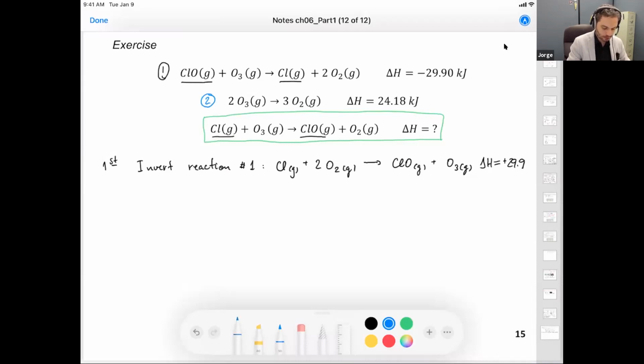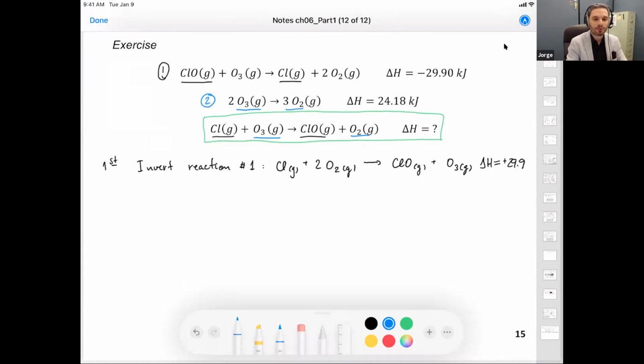So now let's look at our second reaction. And again, let's see what it has in common with the problem reaction. We have ozone in the problem reaction and ozone in the second reaction, O2 and O2 in the second reaction as well.